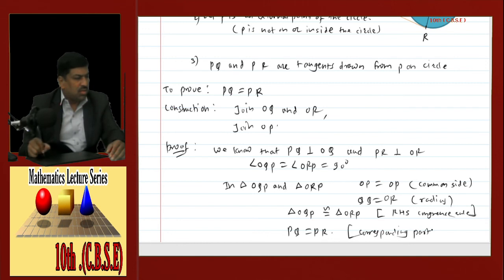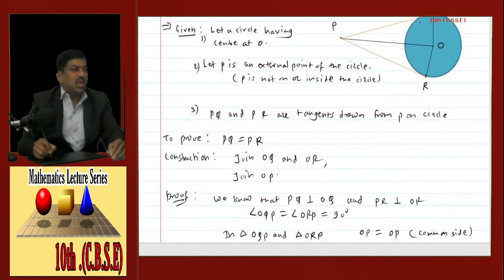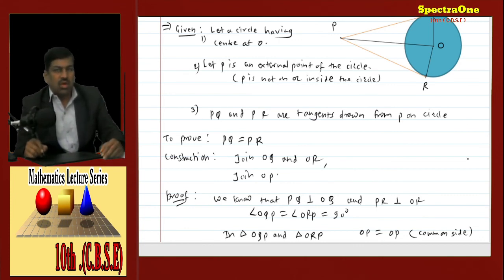If these two triangles are congruent, then PQ is equal to PR, because of CPCT, corresponding parts of congruent triangles. And that is the proof.